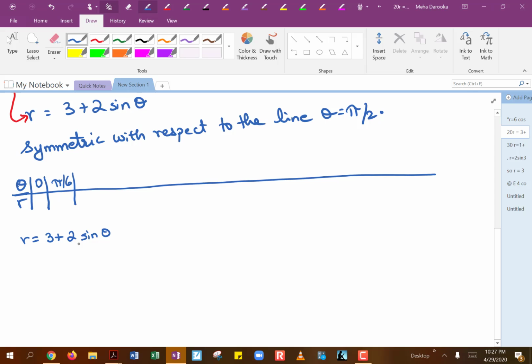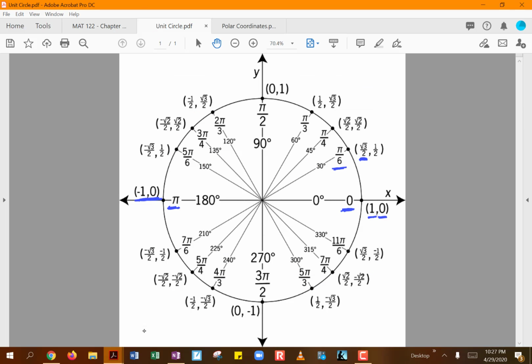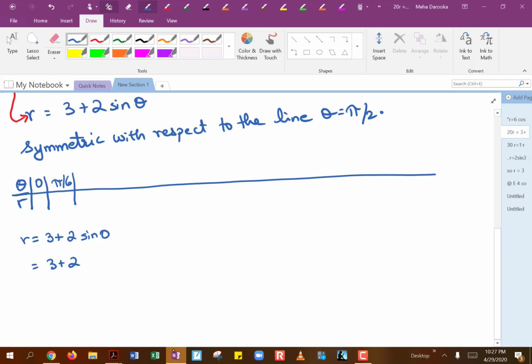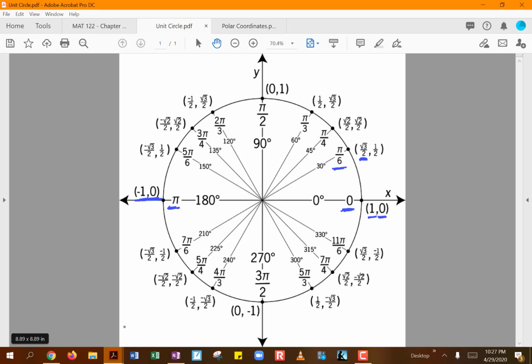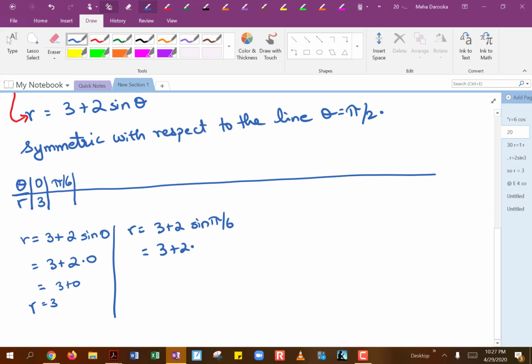Just to show you what this table would end up looking like, if I'm using my angle as 0, then that would be 3 plus 2 times sine of 0, which is 0, so you get the answer 3. If you try this with the angle pi over 6, sine of pi over 6 is 1/2.